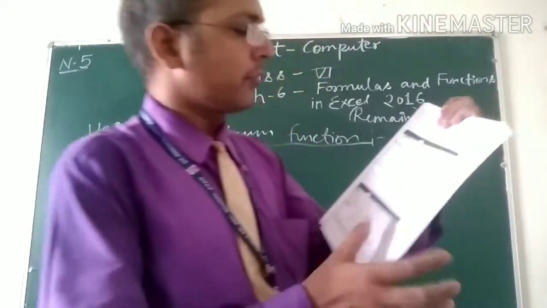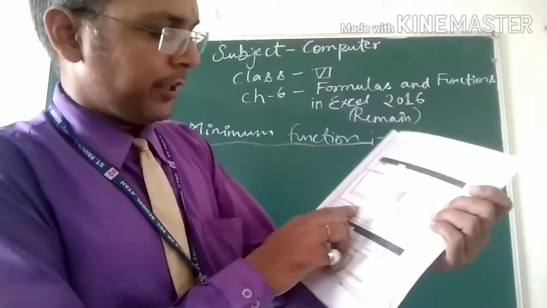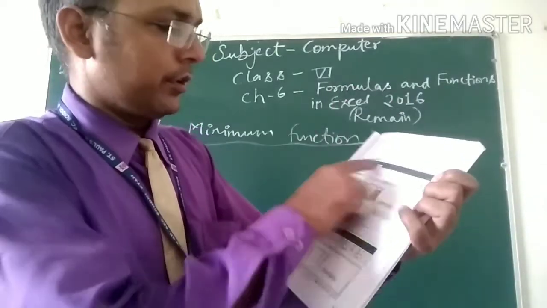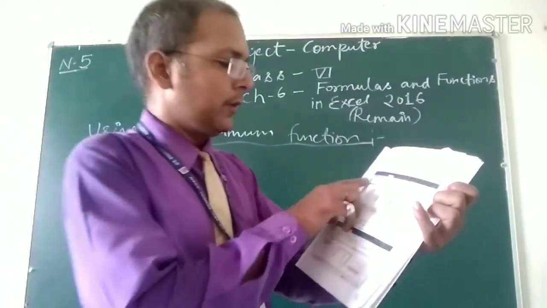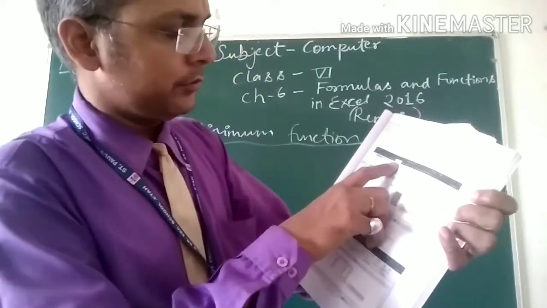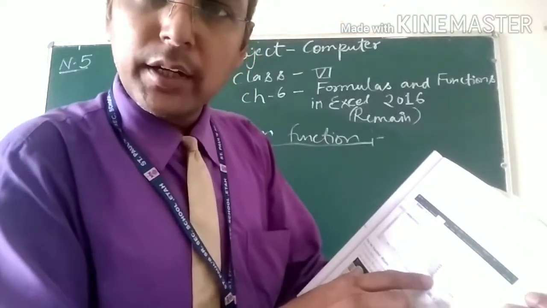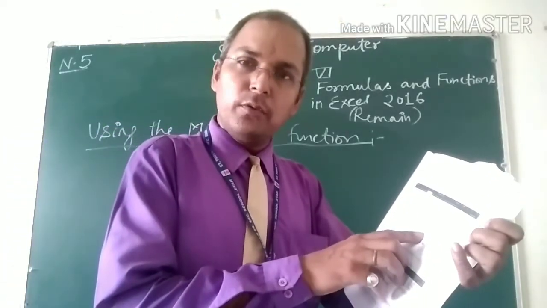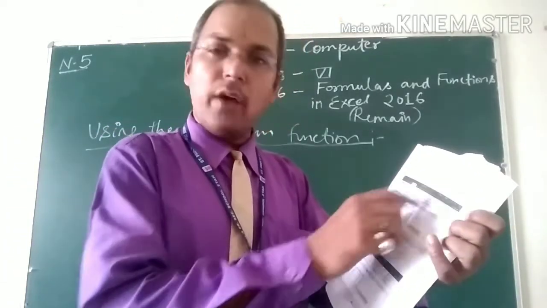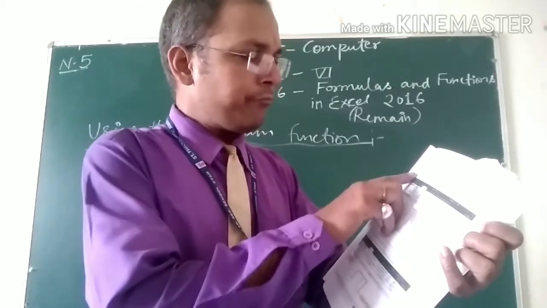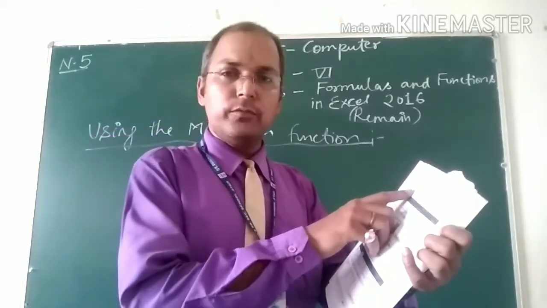Okay, see here, figure 6.12 is an Excel sheet. Go to the formula bar. According to the example, you will find the minimum value in cell F10. Click on the auto sum.